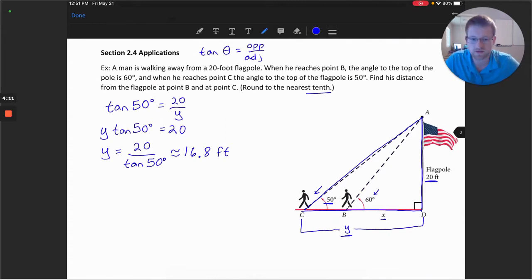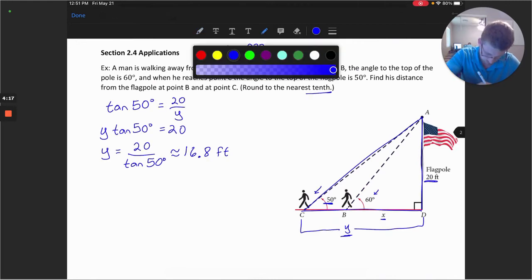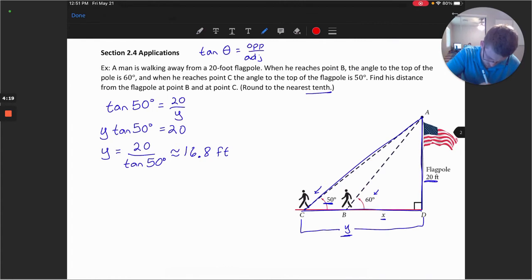Now let's take a look at the smaller length, and we'll highlight this one in a new color. This x length going from B to D. We'll notice that this also has a right triangle involved. We have the hypotenuse, the opposite side, and the adjacent side.